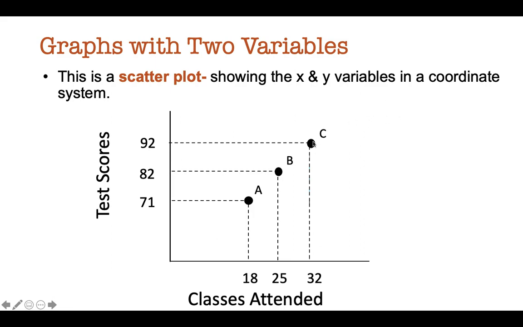And student C, who attended 32 classes across the semester, their average test score was a 92%. So every data point when I have an XY plane gives me two pieces of information. That's really key here. The information along this axis and the information along this axis. So two pieces of information for each individual student. That's what a scatter plot represents.